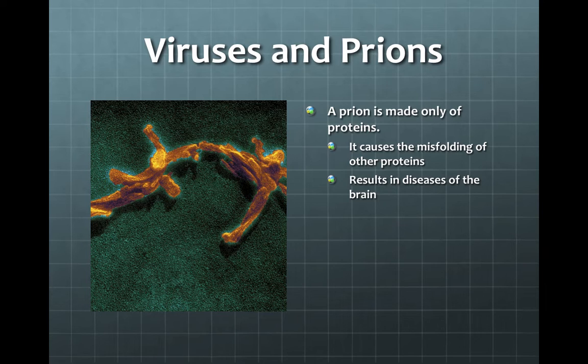Humans get prions basically from contaminated food, or eating food with nervous system material in it, like eating brains or part of the spinal cord.